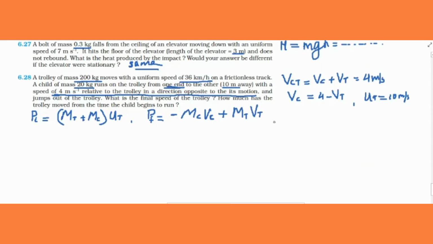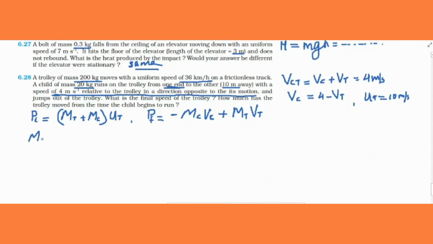Vt is the velocity acquired by the trolley when the child starts running. Okay, that is the final speed. And here again we put a negative sign because now the momentum of the trolley and the momentum of the child are in opposite directions. And again the child is sitting in the trolley and the child gets up, then runs. So there is no effect from outside. Therefore, no external force, the law of conservation of momentum we can apply.